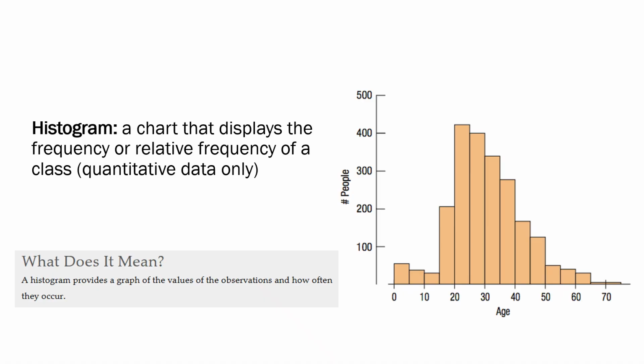So the histogram is analogous to the bar chart, but a histogram is going to display the frequency or relative frequency of the quantitative data only. And so a histogram provides a graph of the values of the observations and how often they occur.